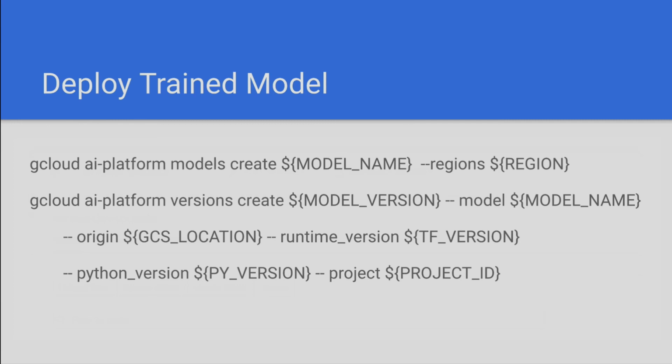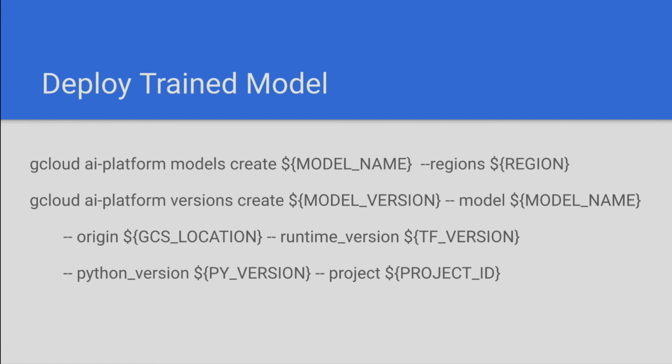Now, how would you go ahead and take your trained model and deploy it? So you can deploy your trained model using this command, gcloud ai-platform models create.